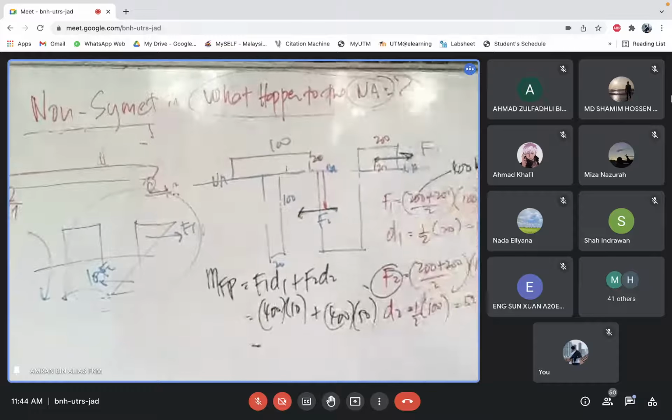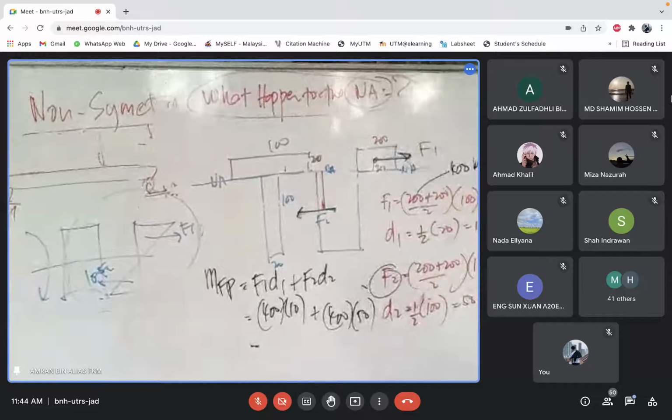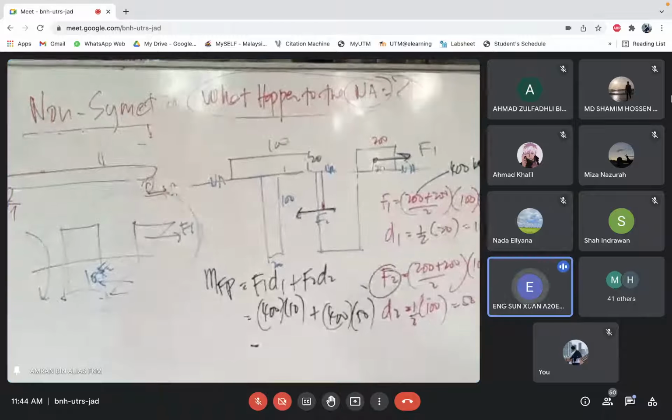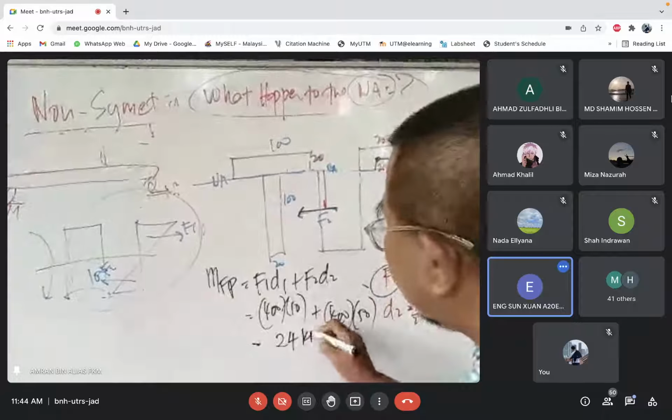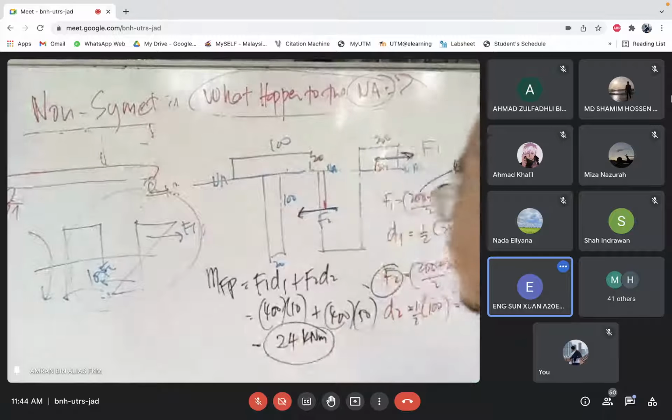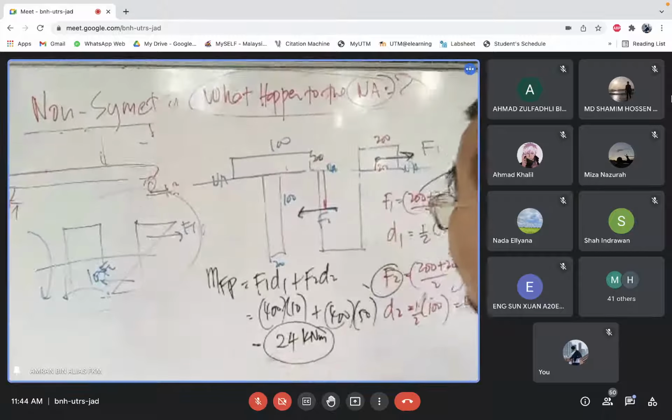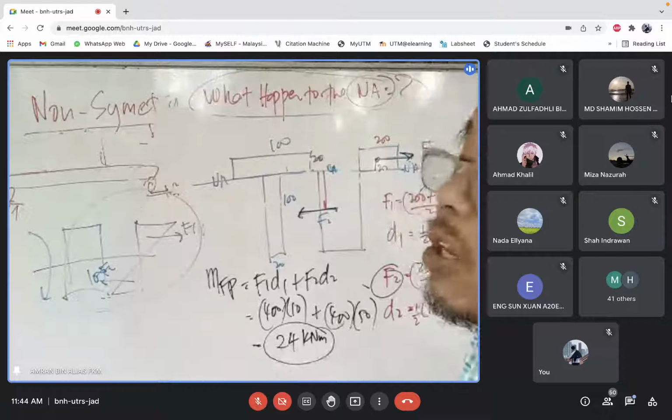So what is the value then? 24 kilonewton meter. So moment fully plastic is 24 kilonewton meter.